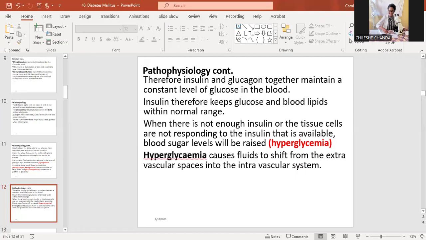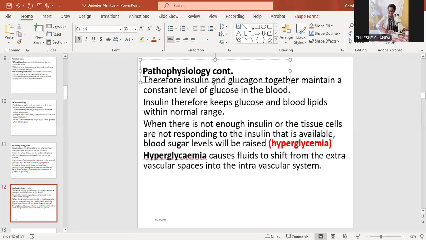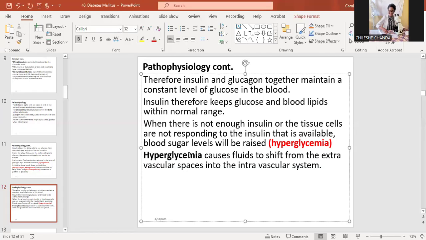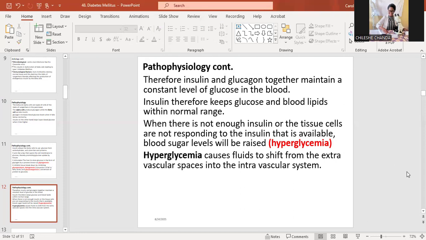Now, if you remember the idea of osmosis, where we say osmosis is the movement of water molecules from a place of low concentration of other molecules into the place where other molecules are in high concentration, in order to dilute that place.